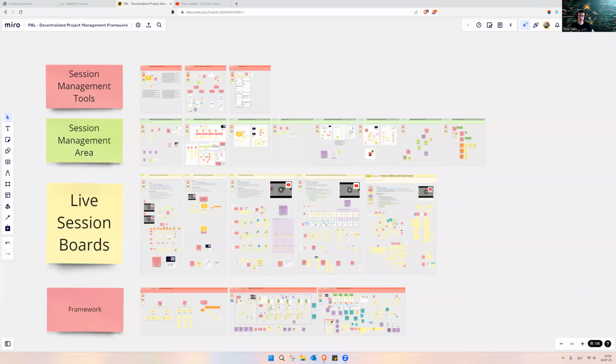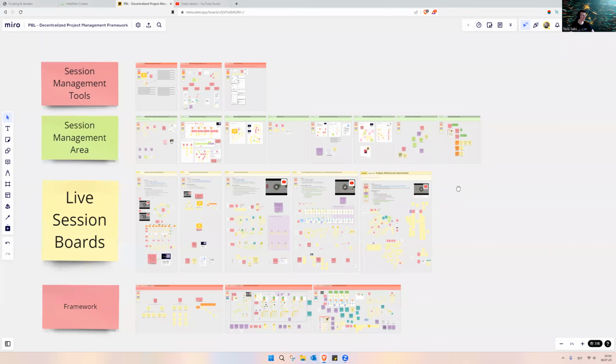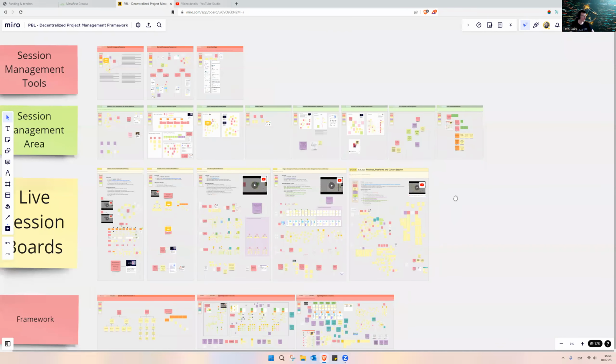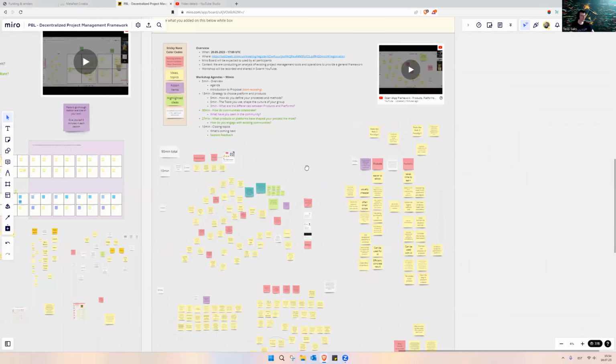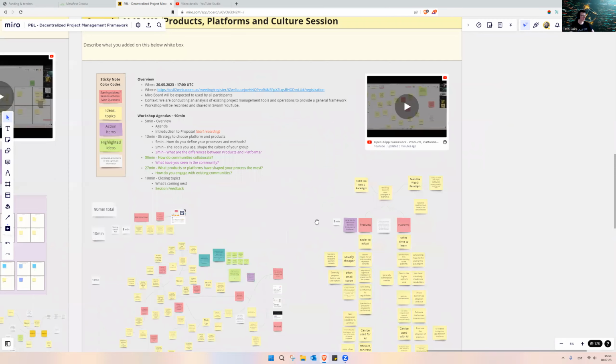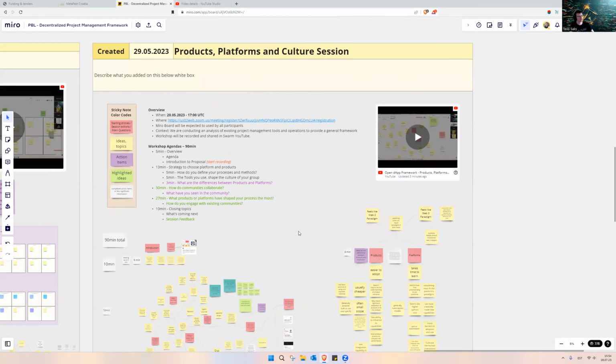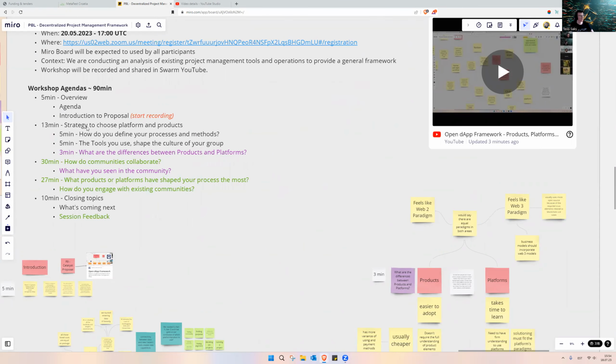Two months ago, we had a great discussion and we took some notes on Miro board. If I zoom into our session, products, platforms, and culture session, we went over some good discussions.